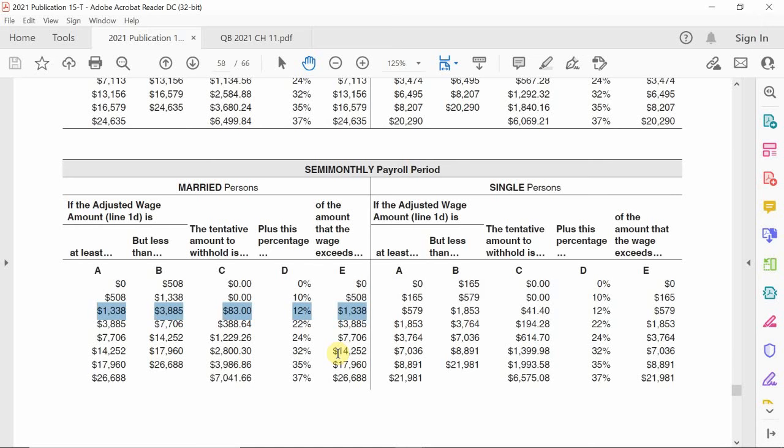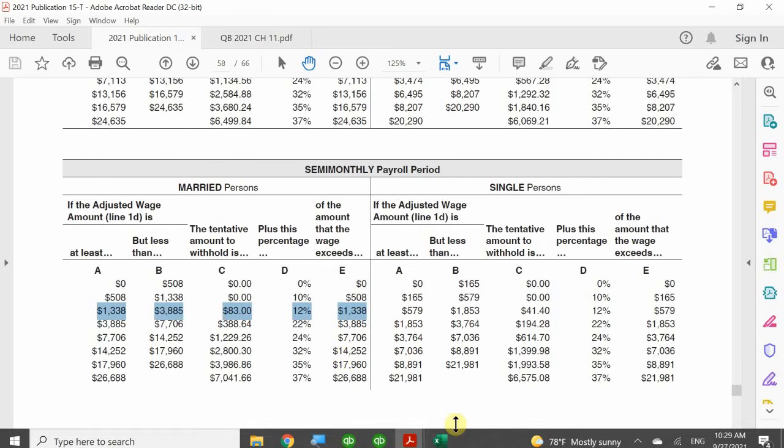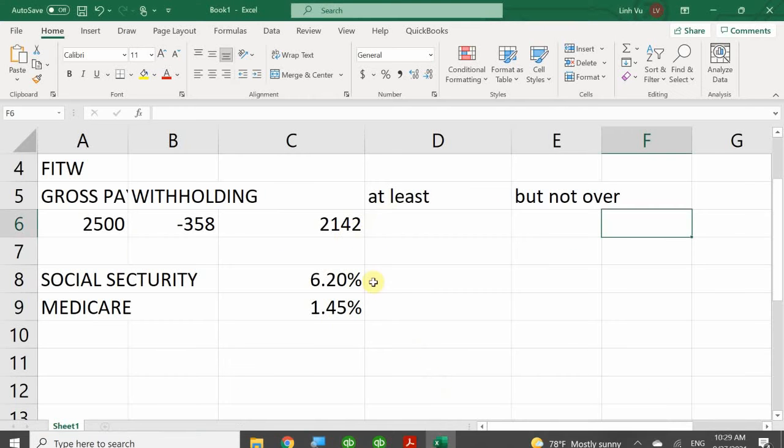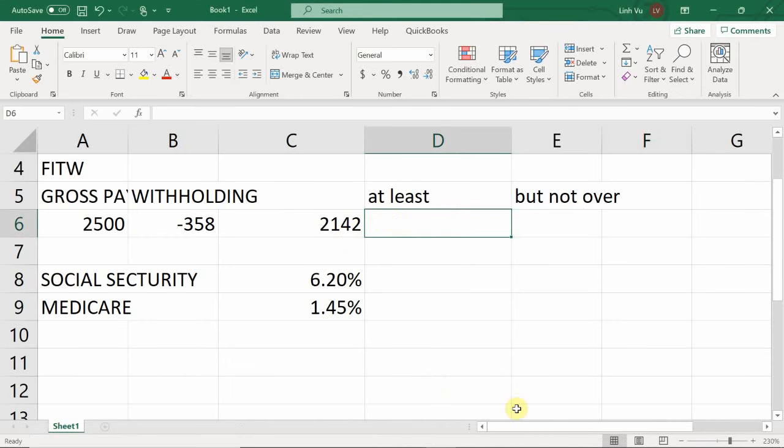Okay? So let's go ahead and take a look at this. So 1338 is what she can claim. That's what I'm going to do first. I'm going to calculate how much in excess she's going to have. So in this case, at least, is 1338.